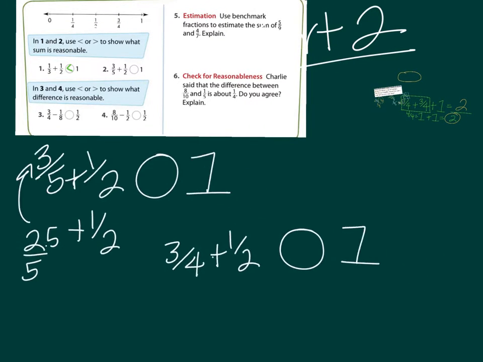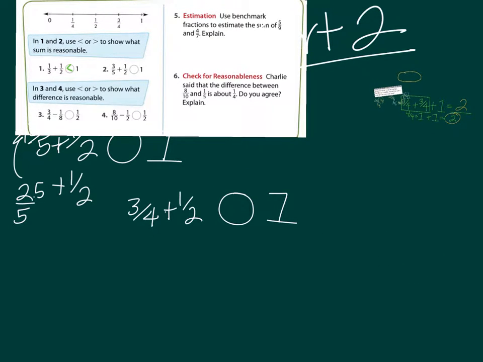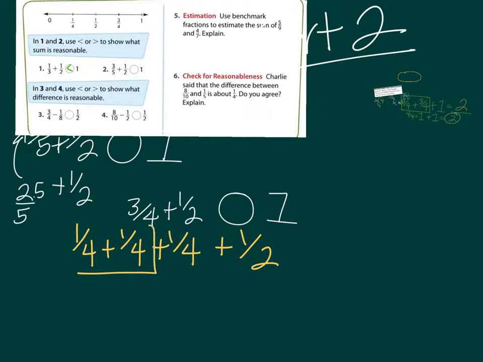So let me get some more room here. Remember what we said about 3/4. Well, I can break 3/4 into 1/4 plus 1/4 plus 1/4. Then I'll add on the half. What is 1/4 and 1/4 put together? It's 2/4, which equals 1/2. So now these two are a half.